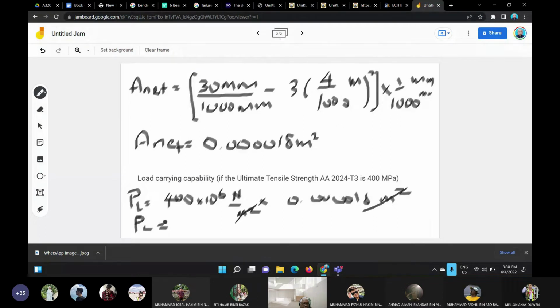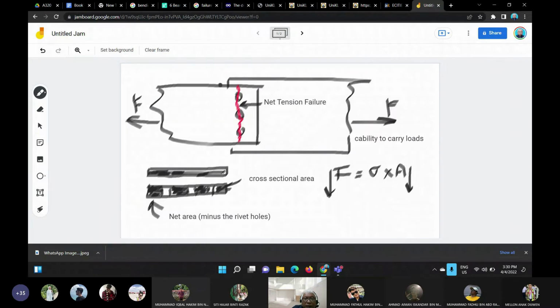Please keep the unit as well. 400 E6 times 0.00018, so you get 7,200 Newton. So that is the load carrying capability.